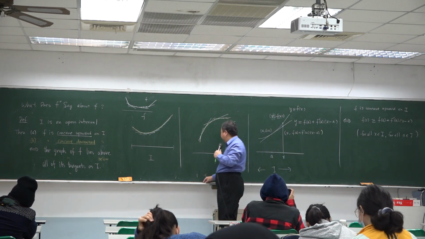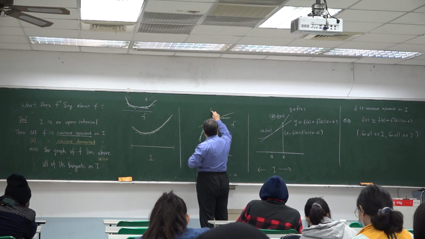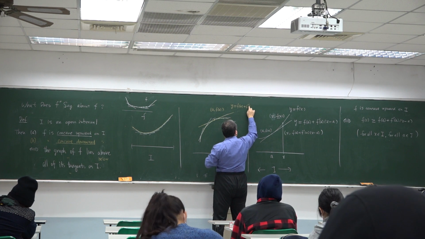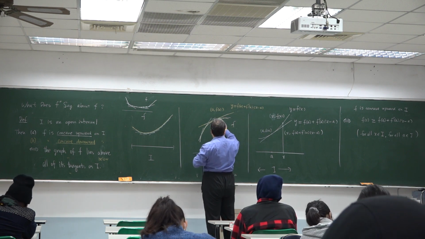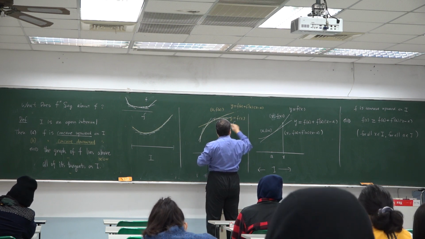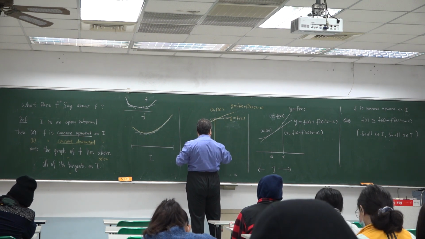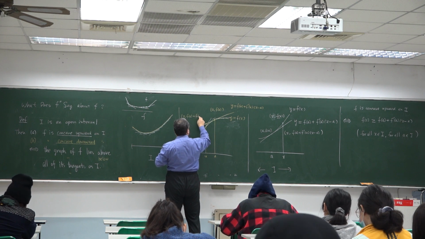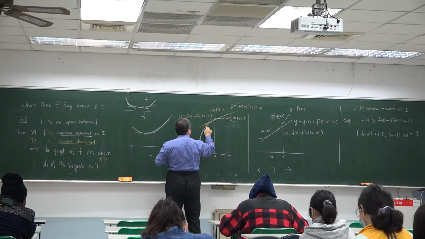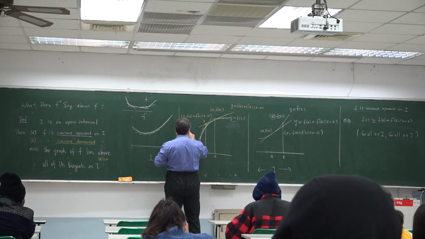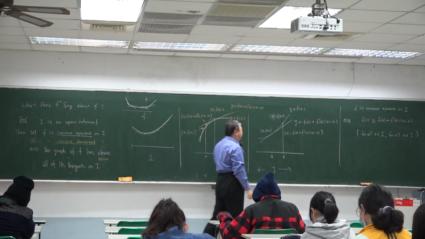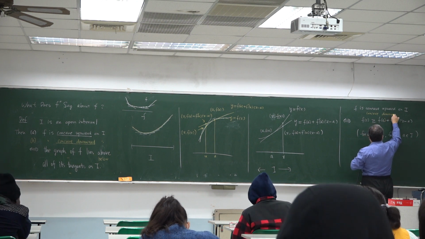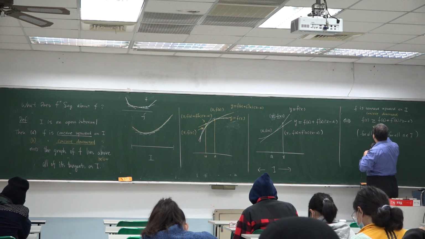Downward. Okay, if f is concave downward on I, then replace this one by less than or equal to.